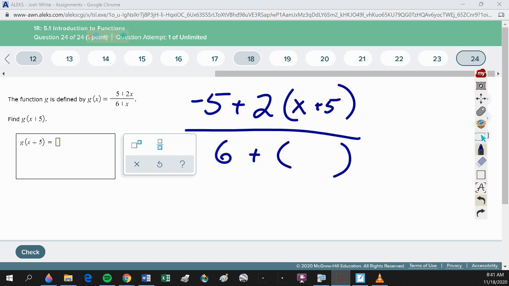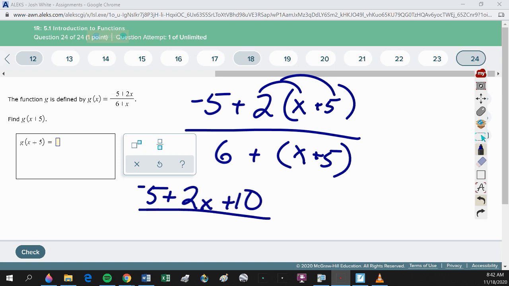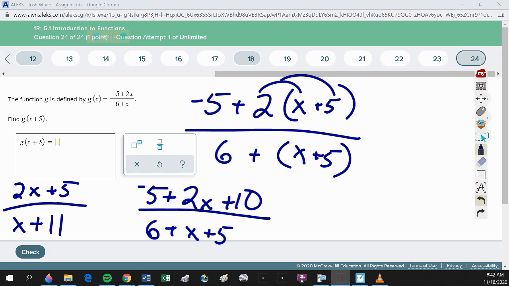X plus 5. So I distribute. On top, we get -5 plus 2x plus 10. And on bottom, I have 6 plus x plus 5. And then we just combine like terms. So the top will be 2x plus 5. And the bottom will be x plus 11.